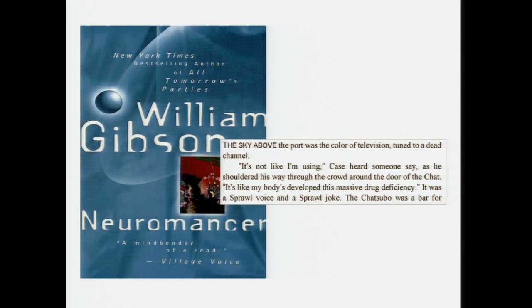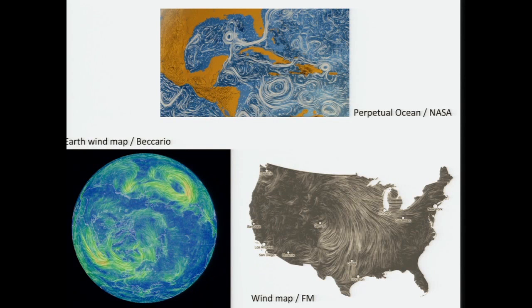So when we started thinking, is there anything like that in the visualization world that is using scientific data in a different way? One of the examples we came up with is this range of visualizations here that deal with flow. Okay, so at the bottom left, you have the beautiful Earth wind map that just came out last year by Cameron Beccario.